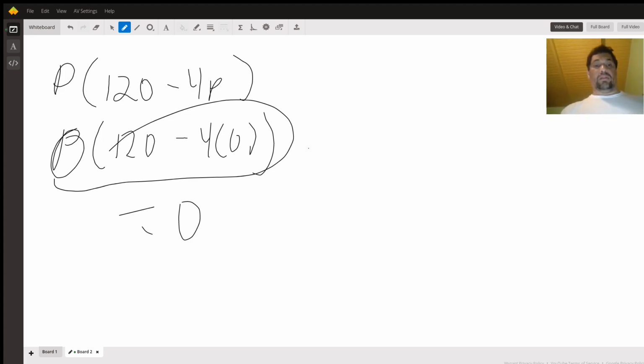Then we can also use the other function, if you want. Negative 4p squared plus 120p equals 0.